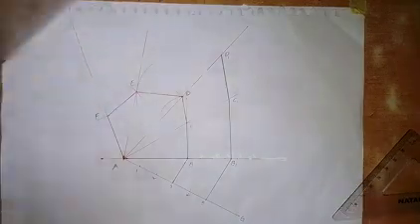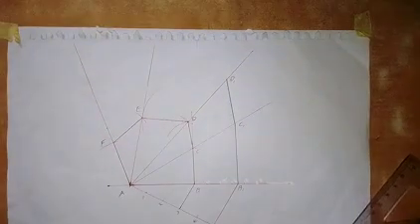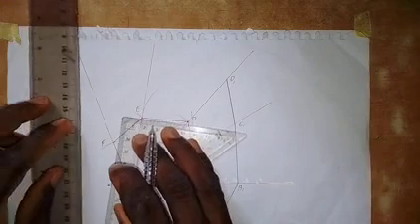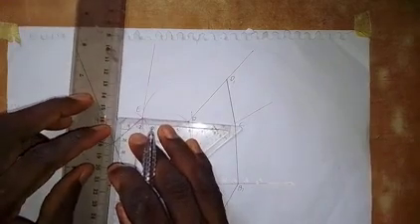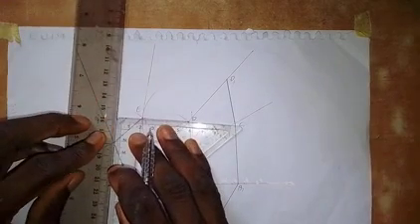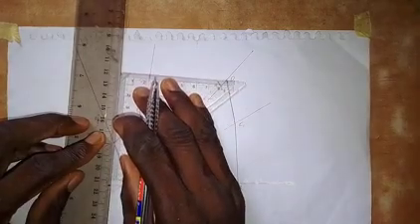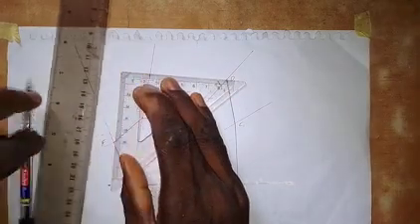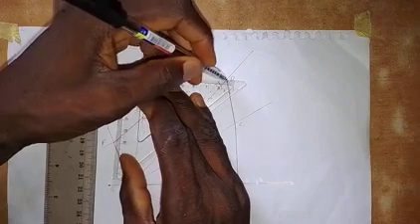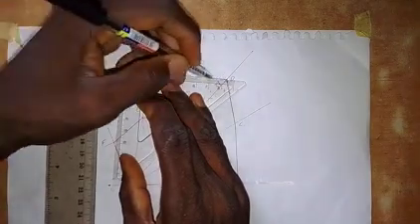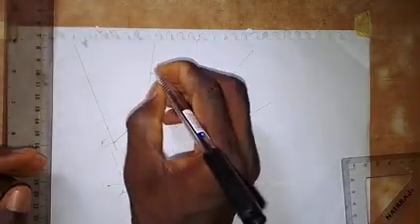Next, we also set our set square along DE. Then we shift it to point D1 like this. Then we draw the line like this. So this is E1.